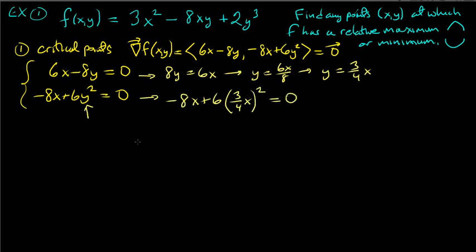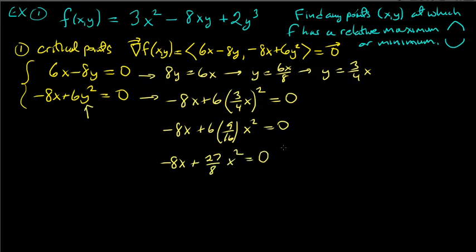And that still equals 0. All right, so 3/4 squared is going to be 9 over 16, times x squared. And let's see, 6 over 16 is 3 over 8. And 3 times 9 is 27, so 27 over 8 times x squared.